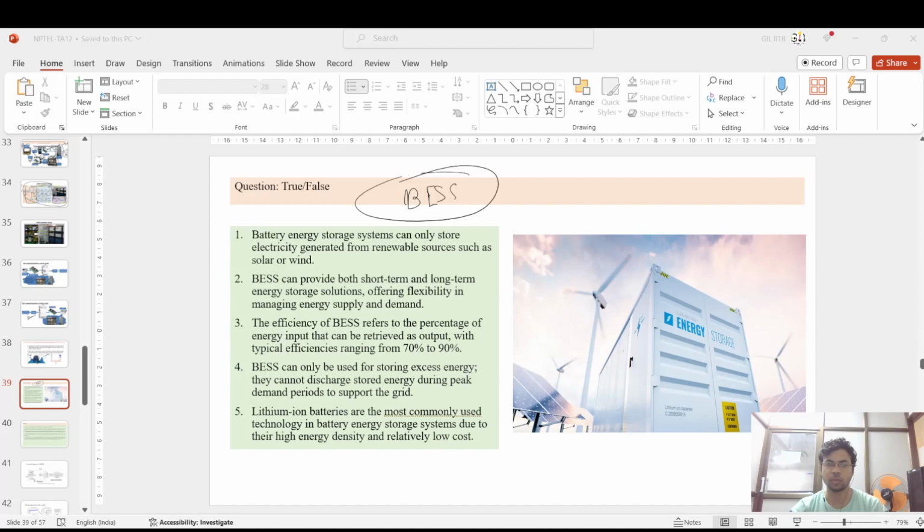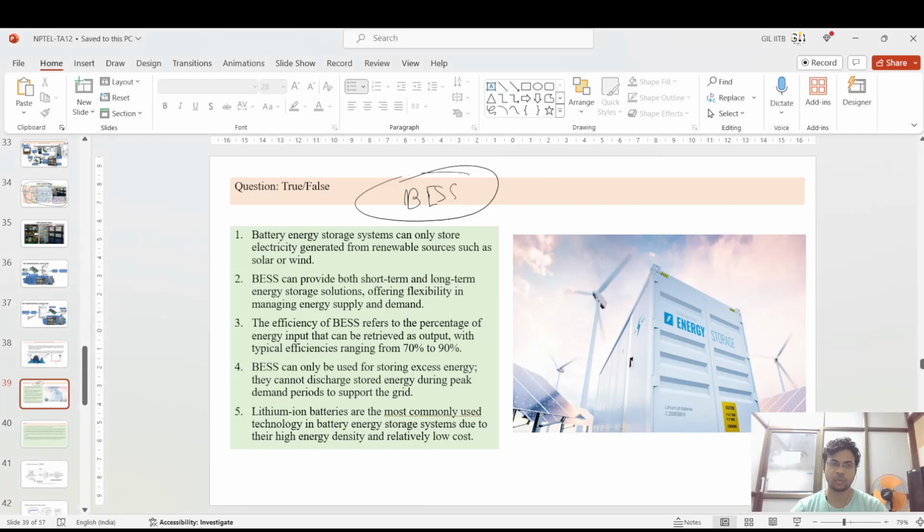Anybody want to give the answer? So the first one is false. If we use a converter, we can change to DC and store energy in the batteries. Sir, for every statement I have some doubts. For the second one, I'm not sure what is short term and long term.